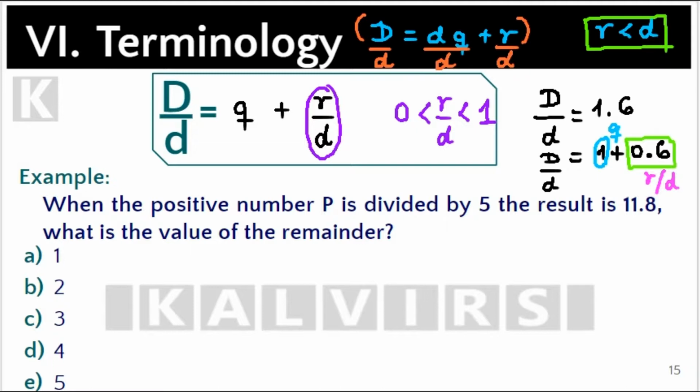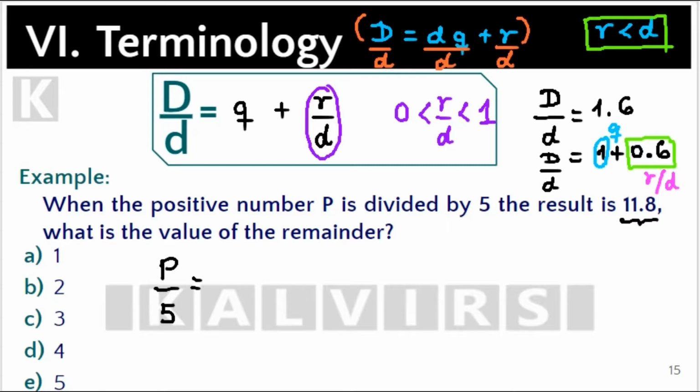Now, for the example shown below, when the positive number p is divided by 5, the result is 11.8. What is the value of the remainder? Here we will use this formula. The dividend is p, the divisor is 5, and the result is 11.8.